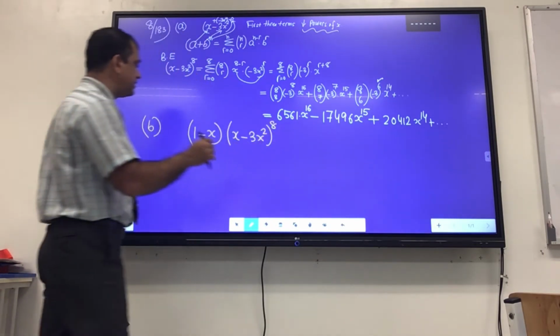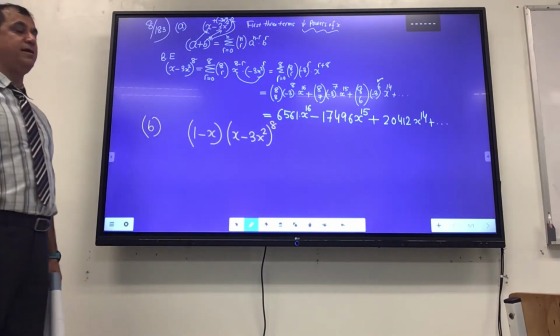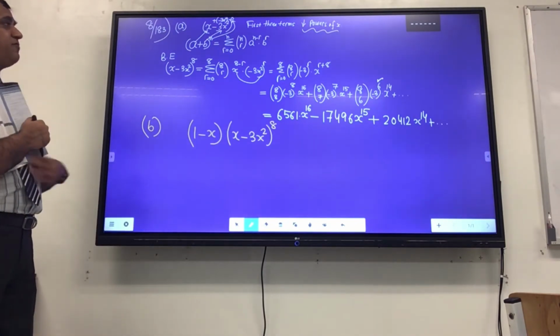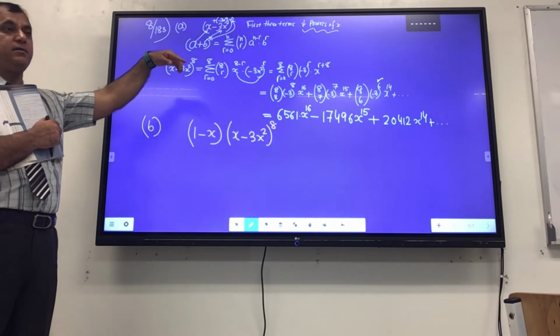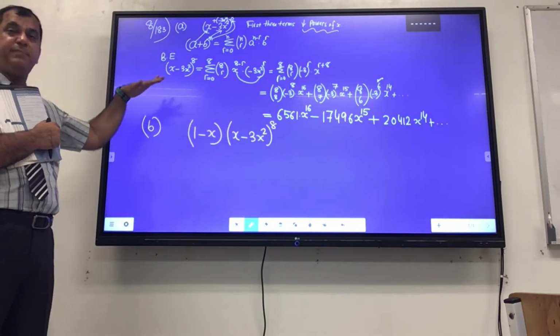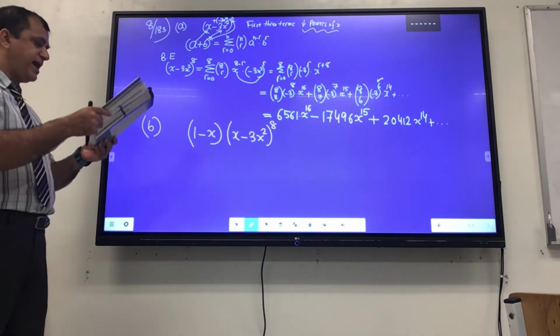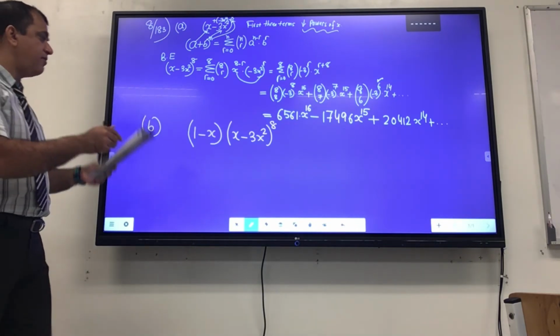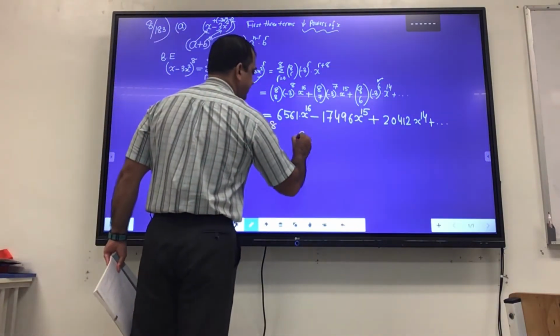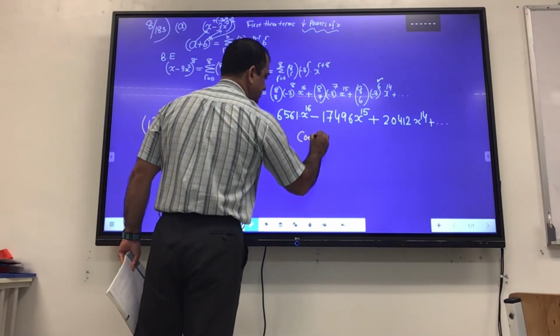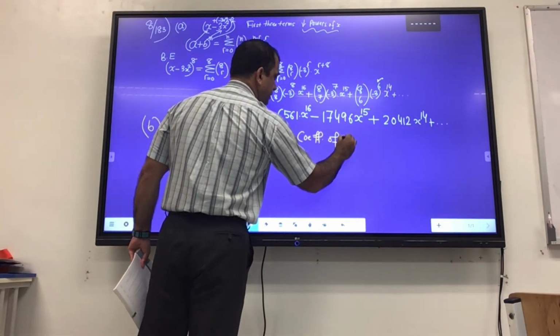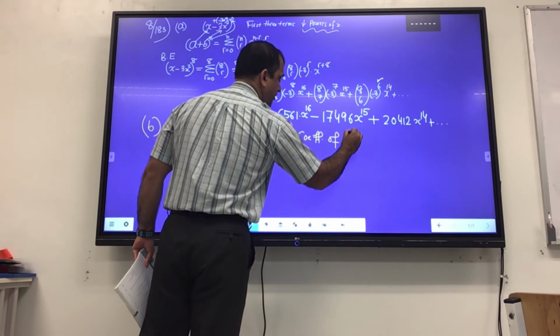You know, the B part is connected to the A part. If he has asked us to find descending powers of x, it means it's going to be useful in the B part, descending pattern, okay? So we have to find the coefficient of the term with x power 15.